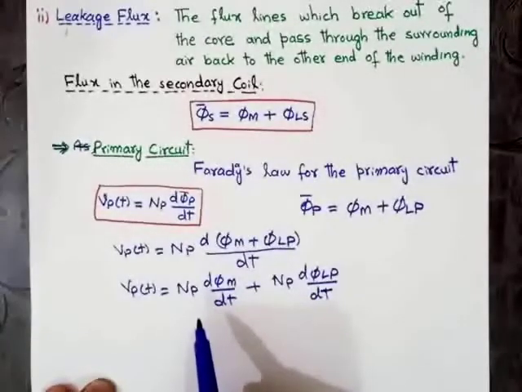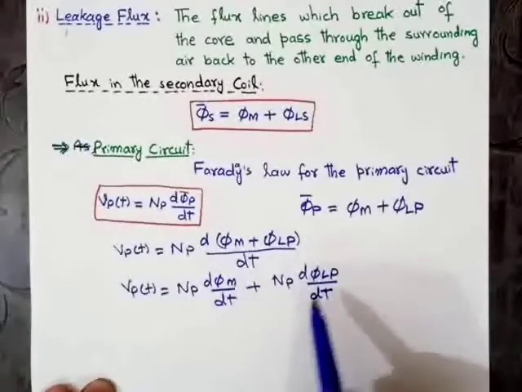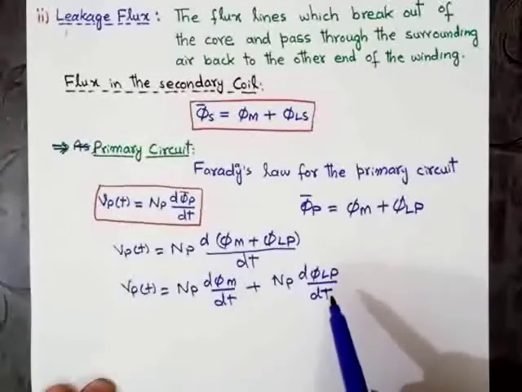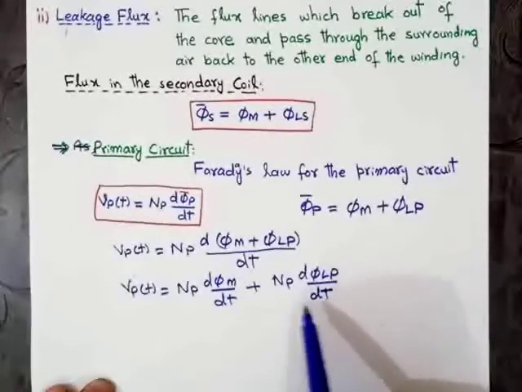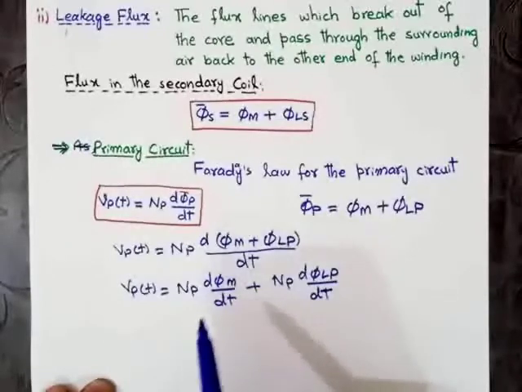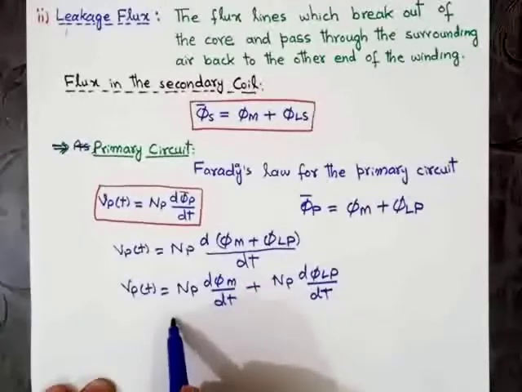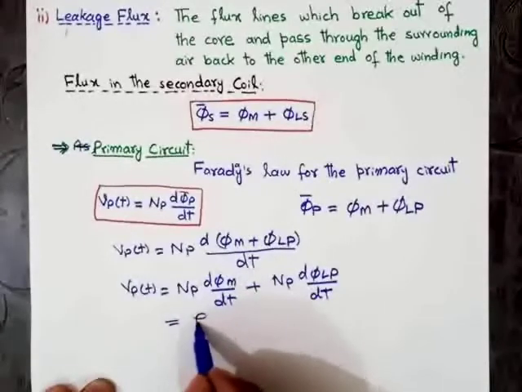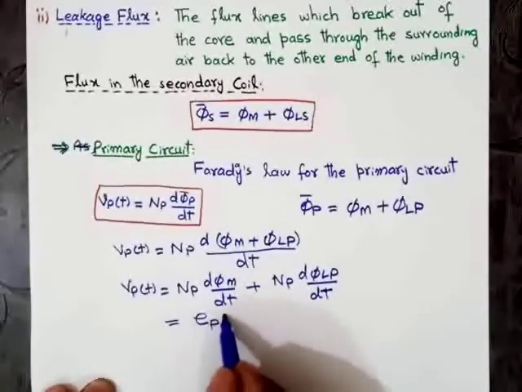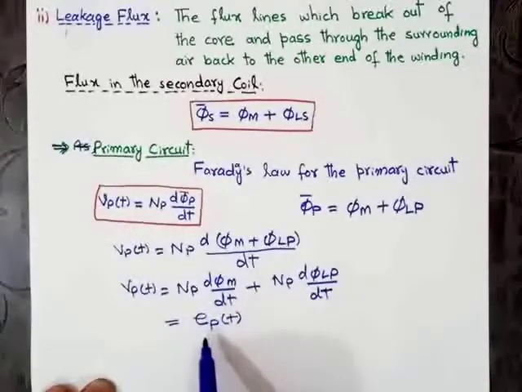The mutual flux is basically the flux which remains in the core, and the leakage flux is basically the flux which breaks out of the core. It means this flux will be lost, and due to this, the actual voltage induced will be equal to Ep(t). As we know, E is equal to Np d phi over dt.